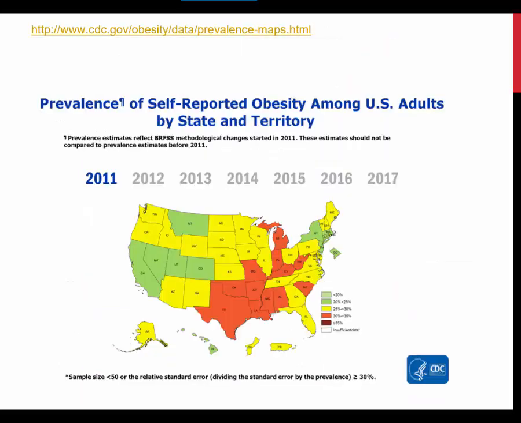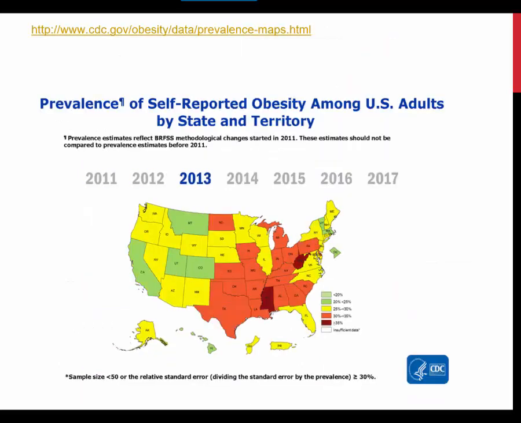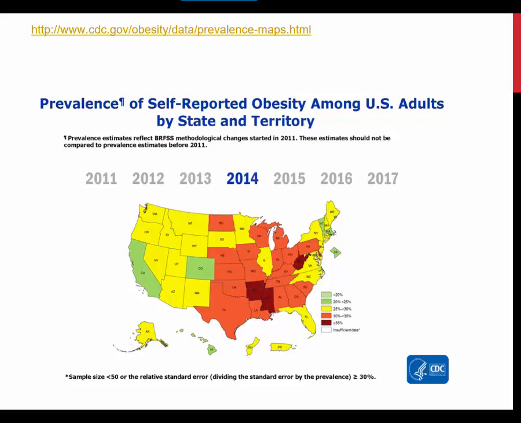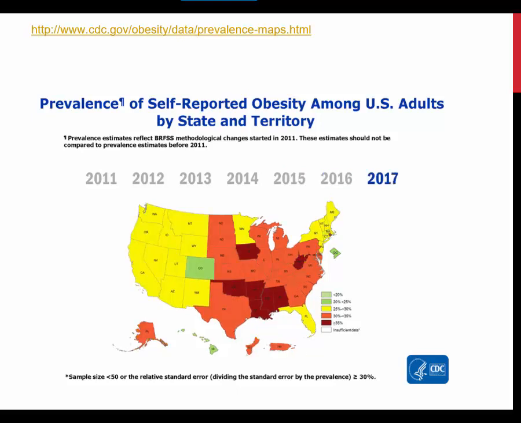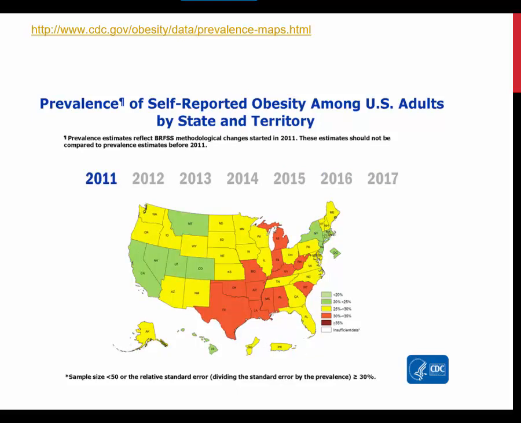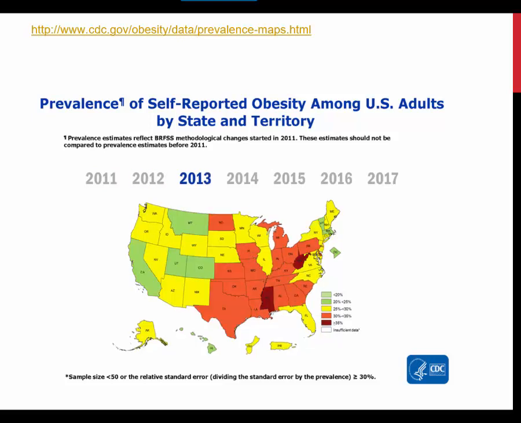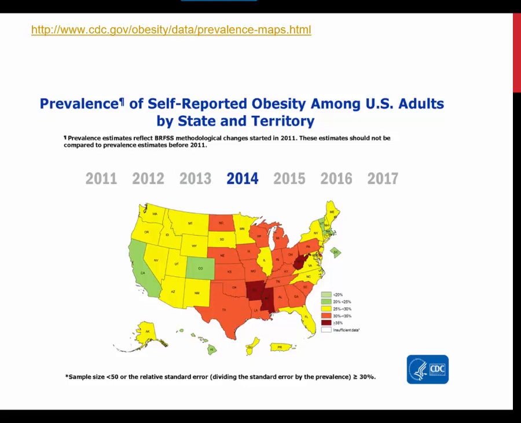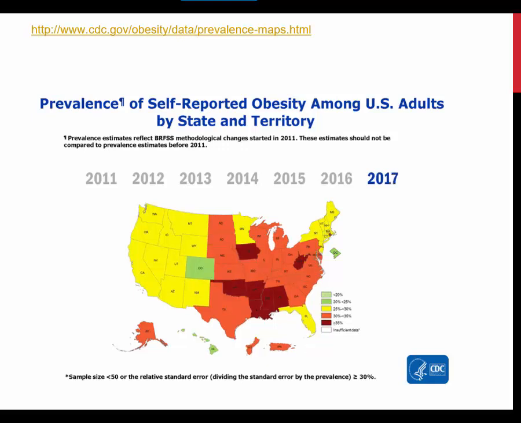And if you look at this changing map of the United States, you can see that the prevalence of obesity among U.S. adults changed dramatically in really just a 6 year time period. You can see more and more states where an increasing number of their population reported that they were obese.